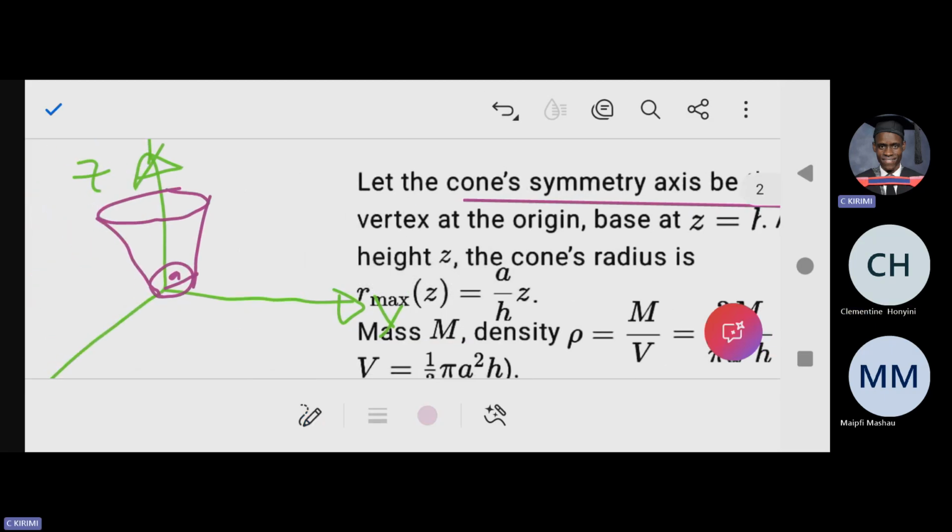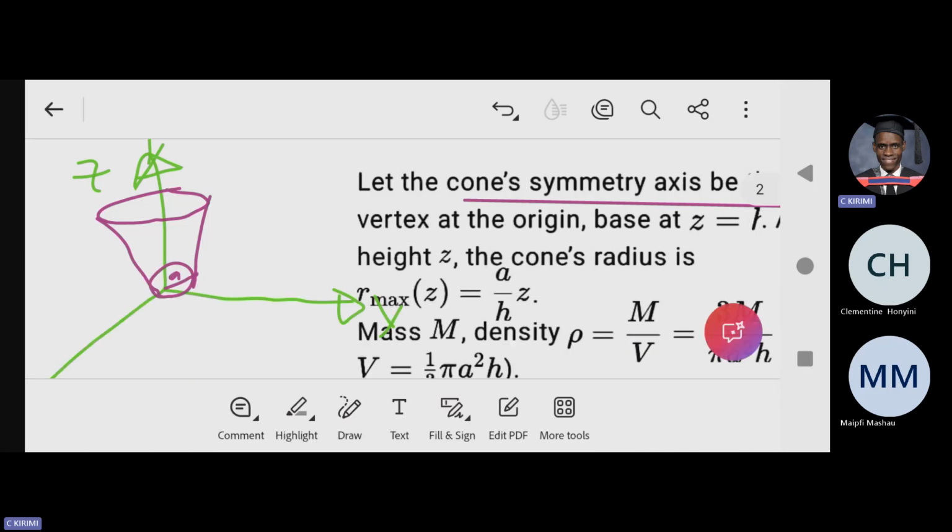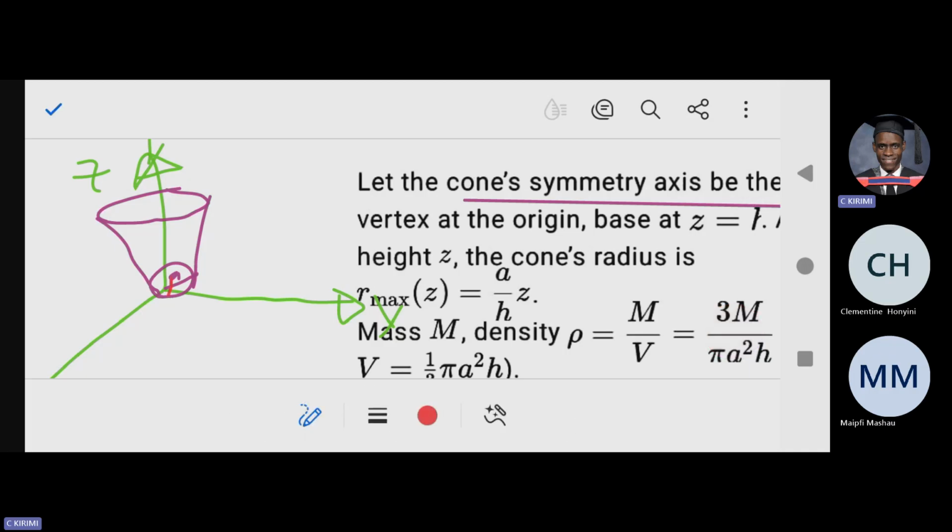That's where our base z is, which means it is the initial height h. So the base at z is at the height h. As the cone becomes bigger, h is also increasing, starting from the initial vertex point, going upwards.